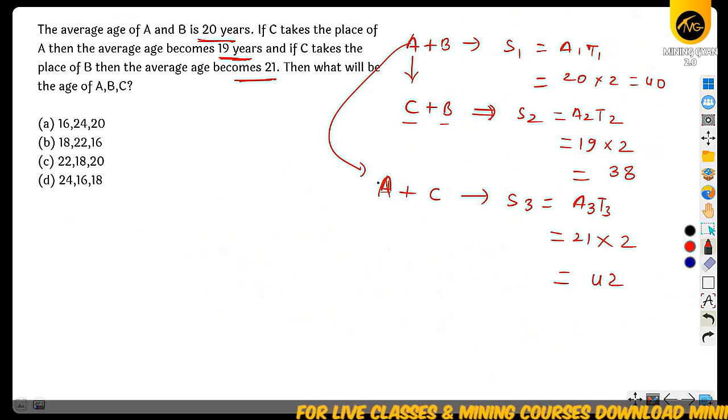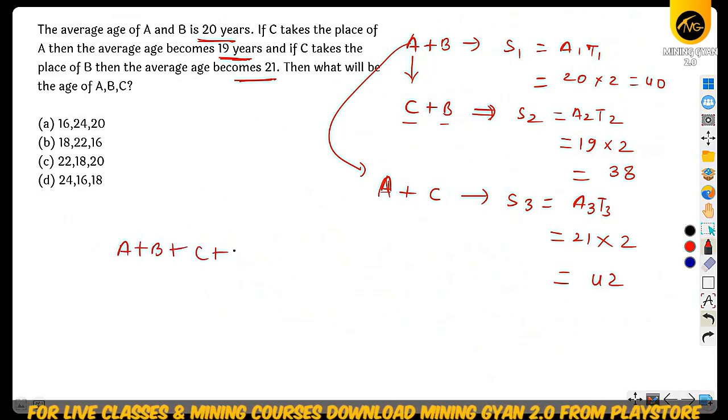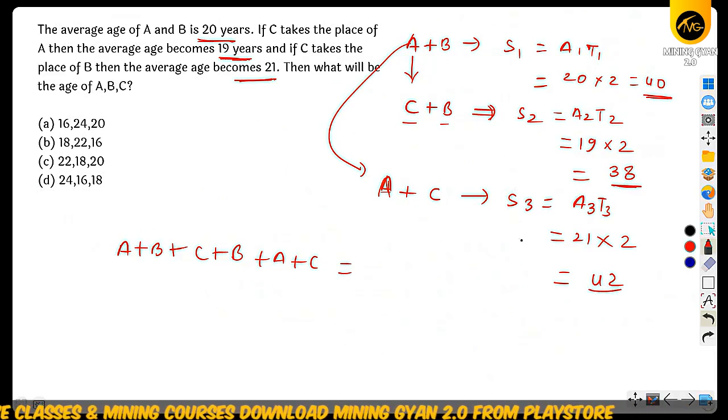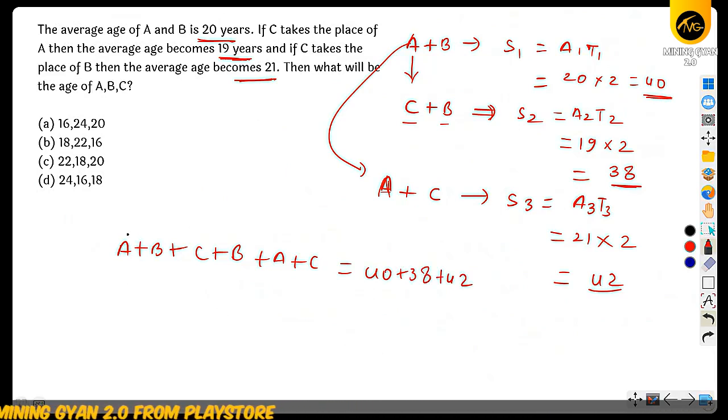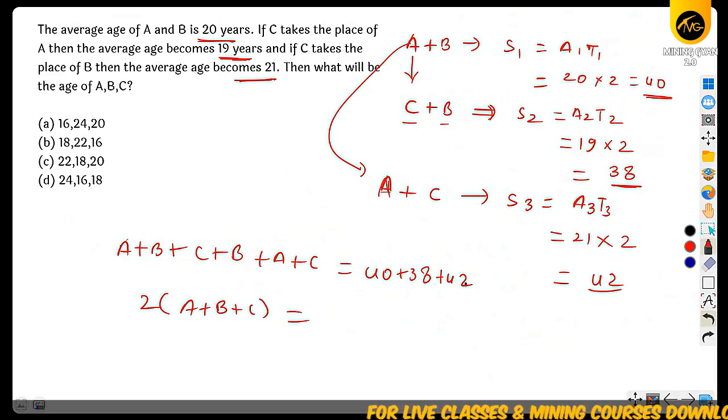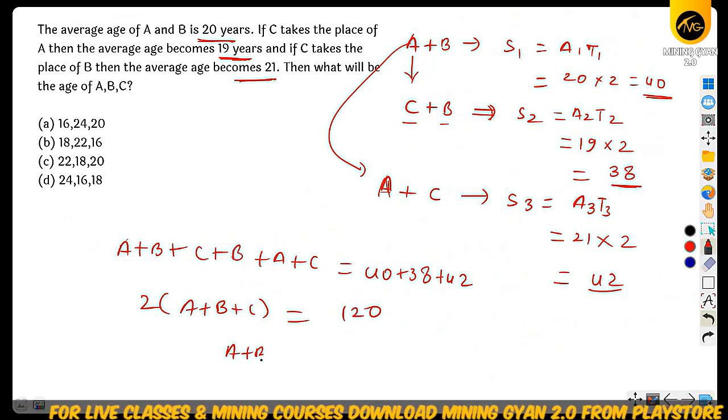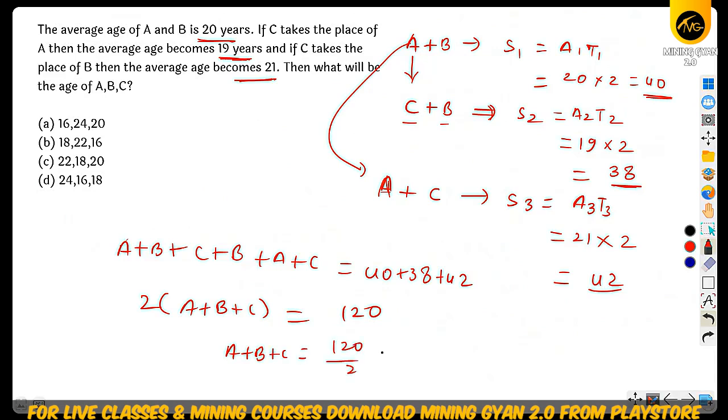Now add all these sums: A plus B, plus C plus B, plus A plus C, that is 40 plus 38 plus 42. The persons are repeating twice, so 2 into (A plus B plus C) is 120. A plus B plus C is 120 divided by 2, which is 60.